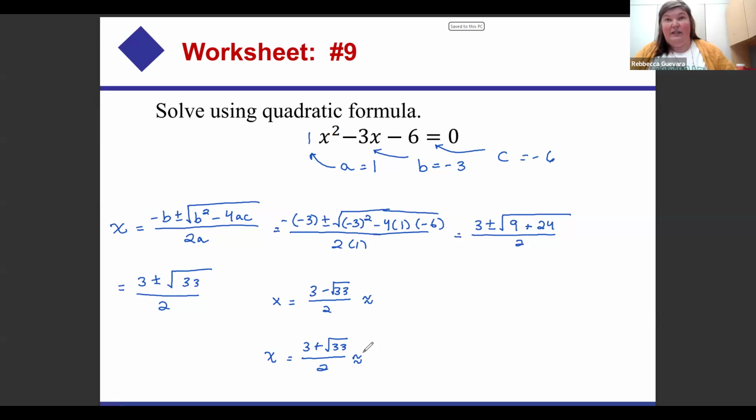Then once you have that, divide it by 2. And we get -1.37. We'll just go out to the thousandths place again. So -1.372. If we have addition, then the other one is approximately 4.372. And those would be my solutions.